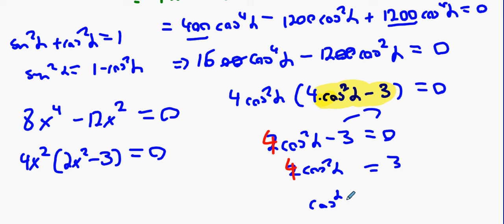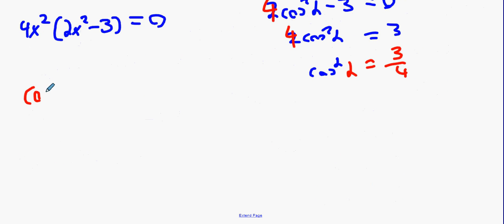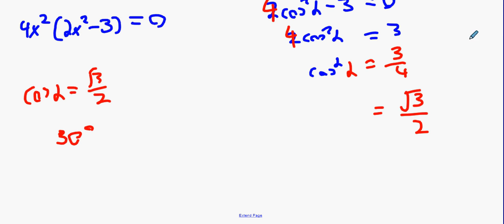Cos squared alpha equals 3 over 4. I need to square root both sides. I knew cos alpha is root 3 over 2, because I know it's 30 degrees when you inverse it. So I knew I needed a 4 on the bottom. So when I square root the top and the bottom, the square root of 3 over 4 is the same as root 3 over root 4, which is root 3 over 2.